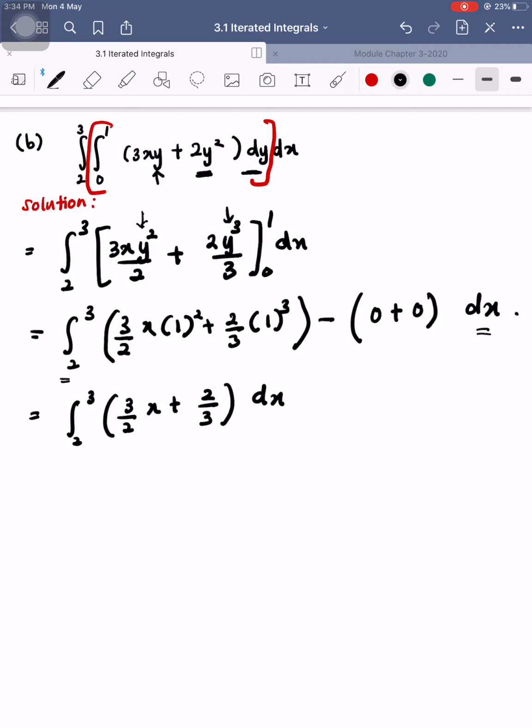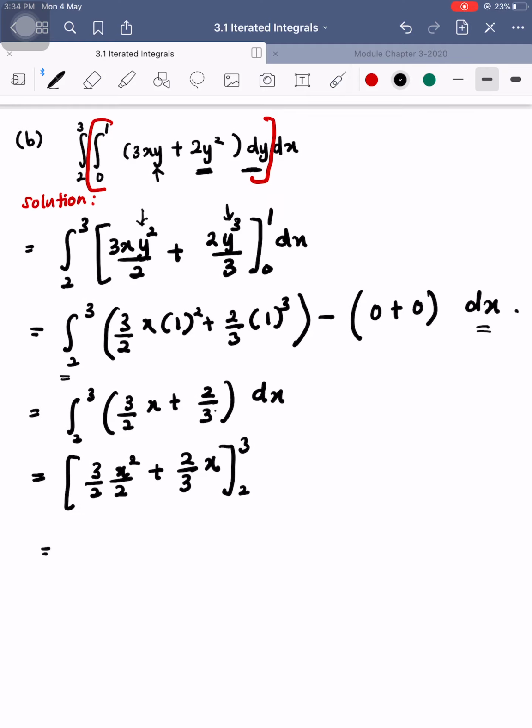Next, we have dx only, so we want to integrate with respect to dx. 3 over 2 times x squared over 2 plus 2 over 3 x, from 2 to 3. Then you insert the value, you will get 53 over 12. Try the upper limit inside.